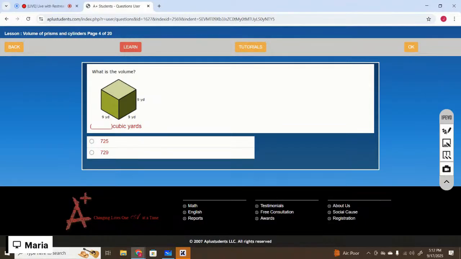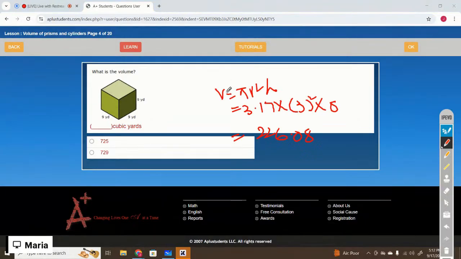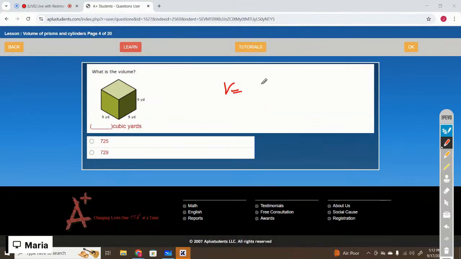What is the volume? That is V equals side times side times side. That is 9 times 9 times 9.